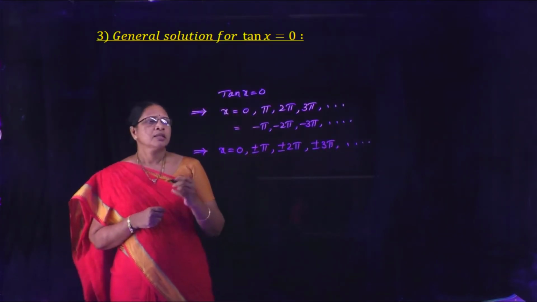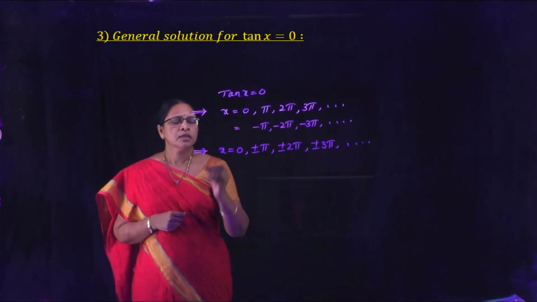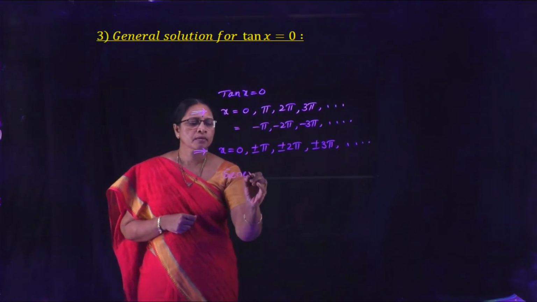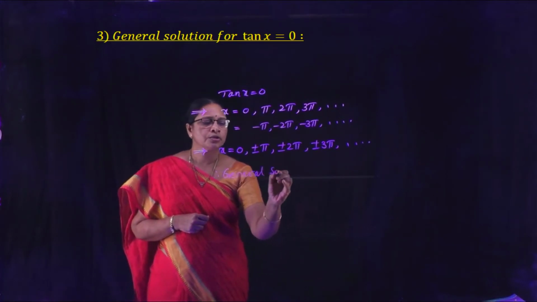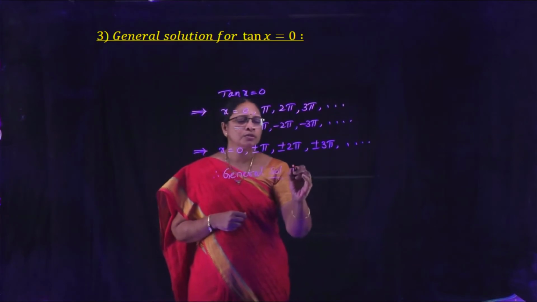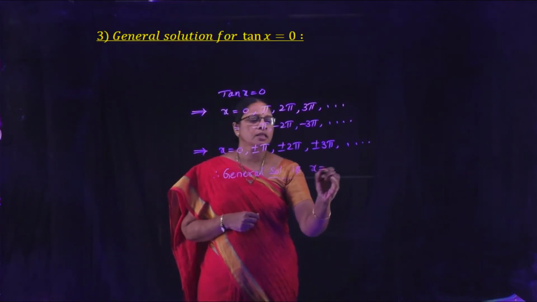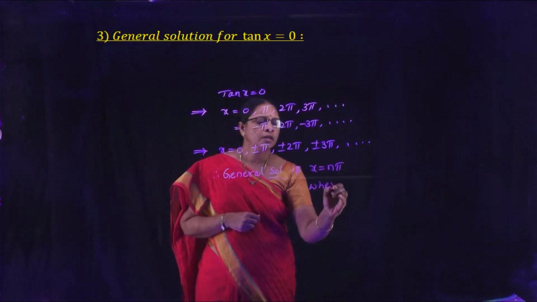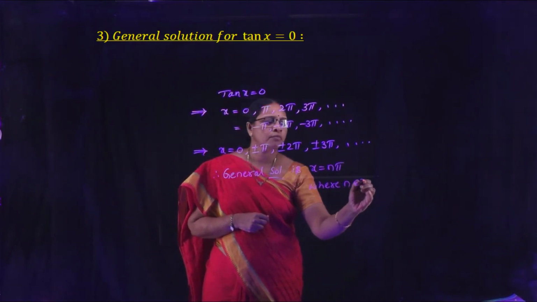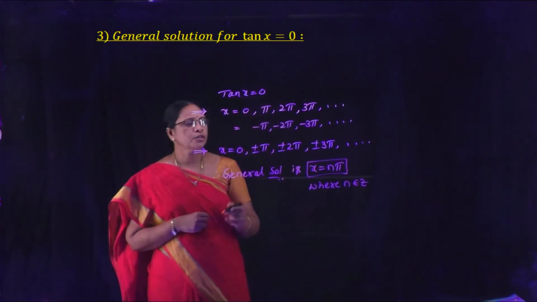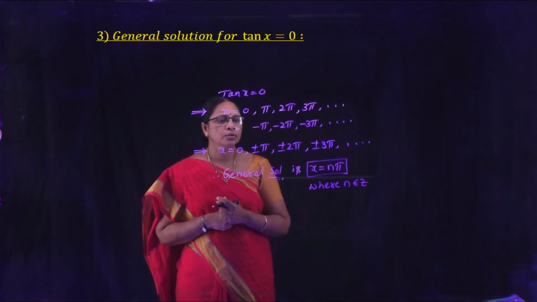Hence, the general solution for tan x equal to 0 is x is equal to n pi, where n belongs to Z.